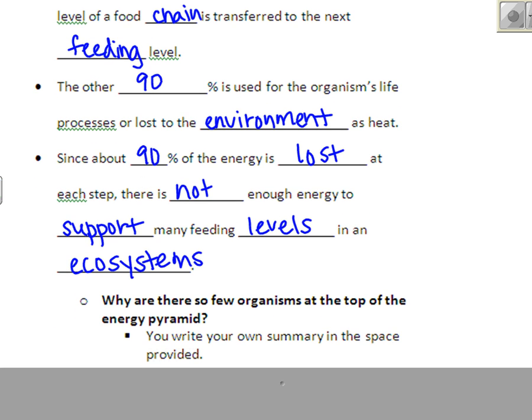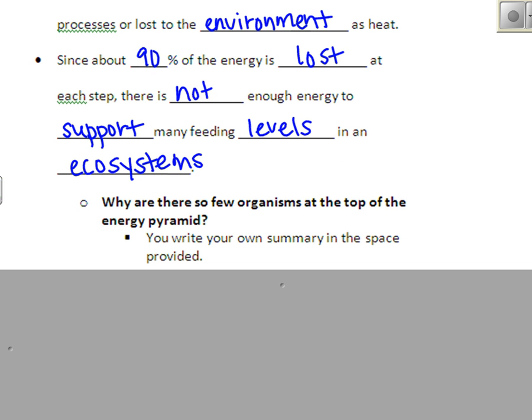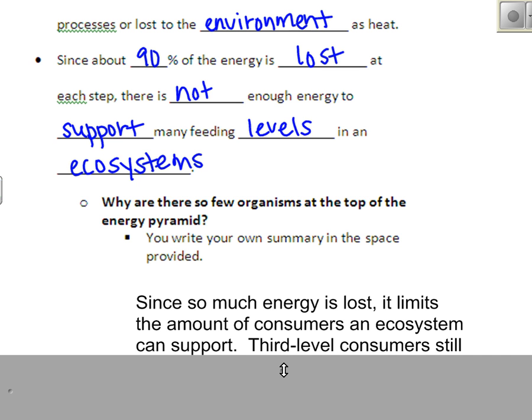So that would lead you to believe that there's few organisms that are going to be at the top of that energy pyramid. So not very many great, huge top of the food chain consumers. So why is that? Well, since so much energy is lost, it limits the amount of consumers an ecosystem can support.